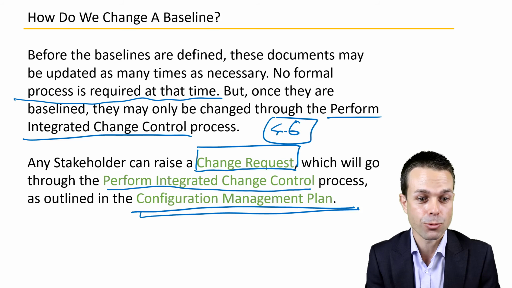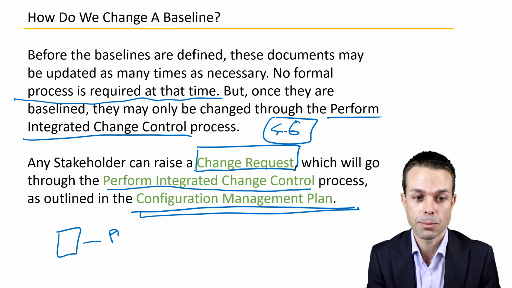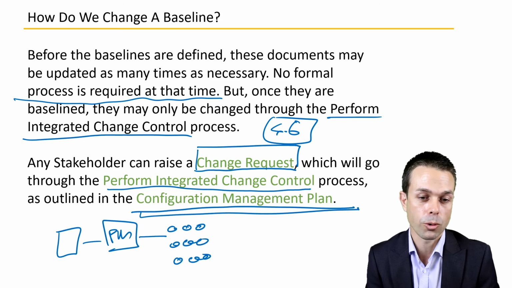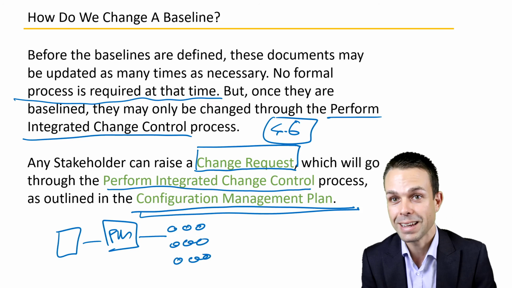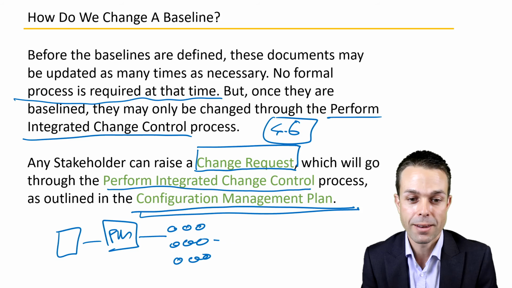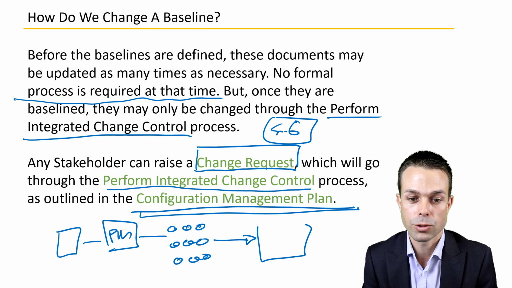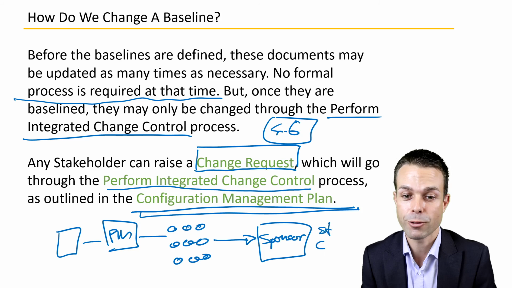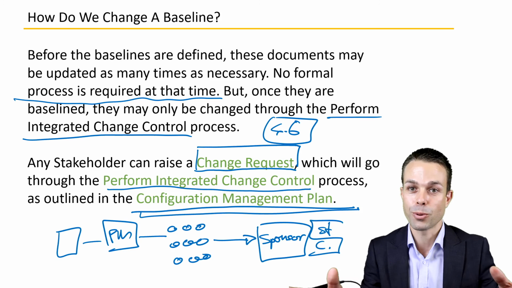So maybe that is raising a change request to the project manager, for example. The project manager checks it out with a few different stakeholders or gathers the required information, or maybe that's someone in the project management team. And then maybe that goes through to the sponsor or to the associated steering committee, for example, depending on how your project is outlined.